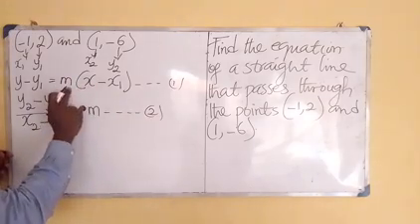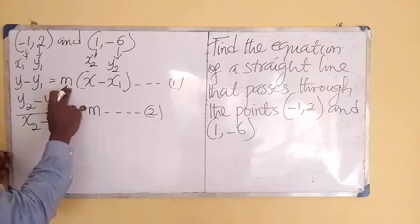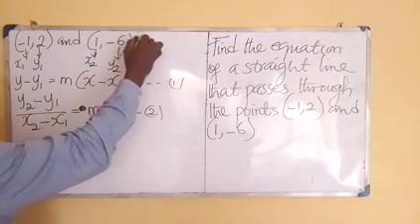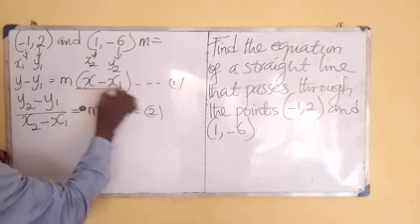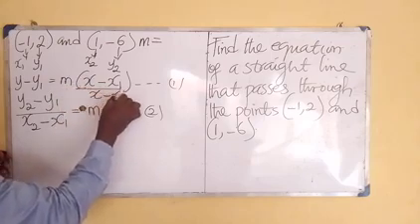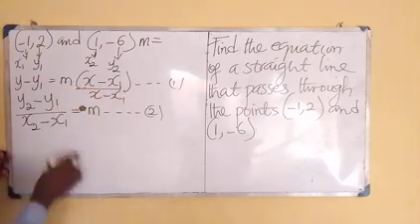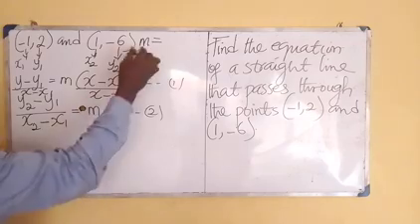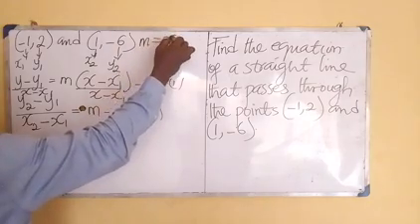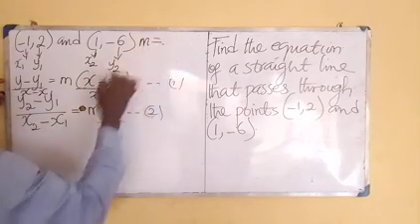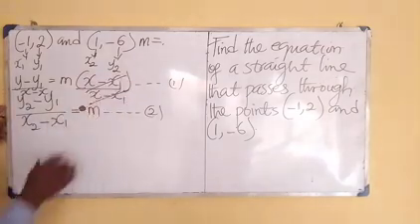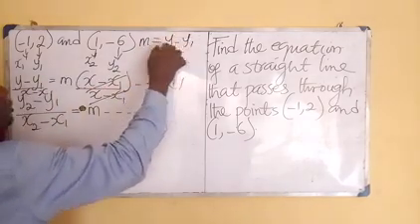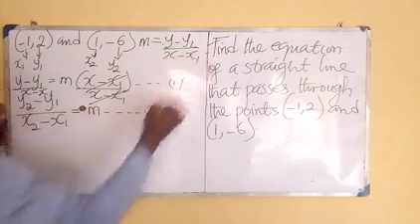I'm going to make m the subject of the formula, so whatever I get, I'll put it into this equation. I'm going to divide through by x minus x1, so I'll be having y minus y1 over x minus x1.